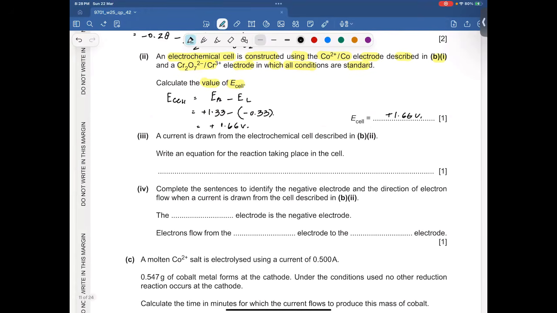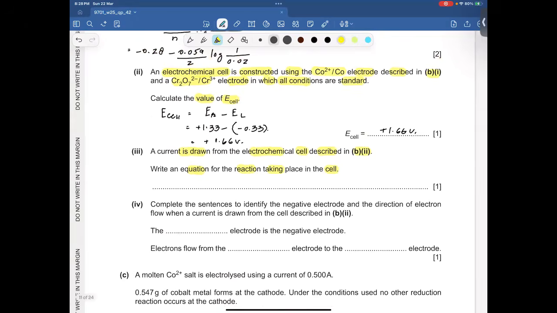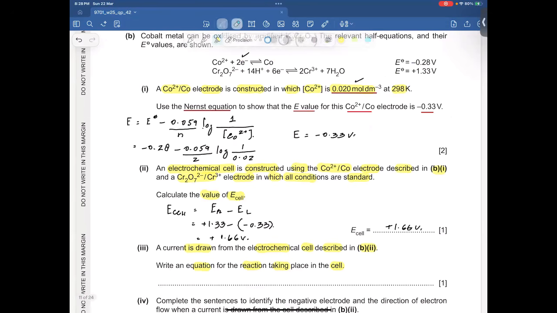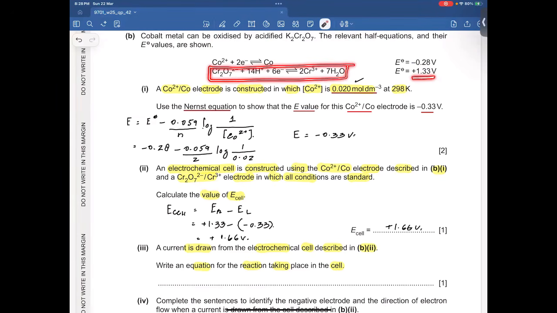A current is drawn in the electrochemical cell described in B part 2. Write an equation for the reaction taking place in the cell. I've told you in the class that when we have a more positive E value, we need to consider this equation as it is, in reduction form. So I'm going to write this equation as it is.